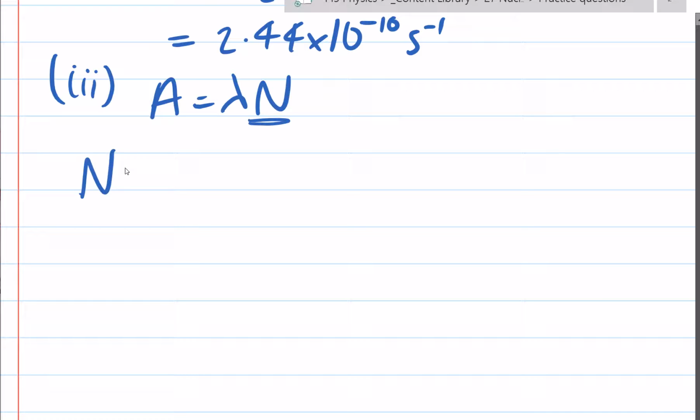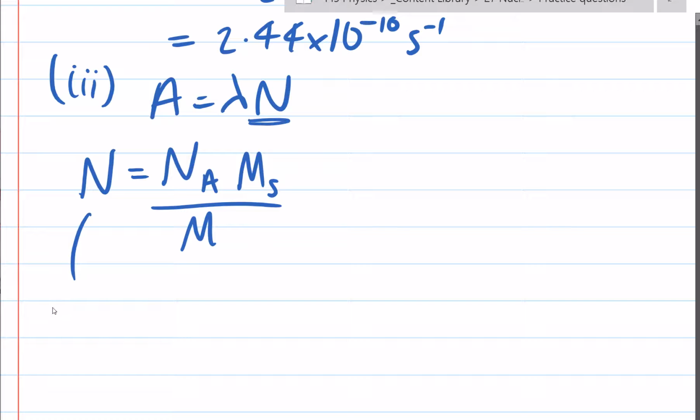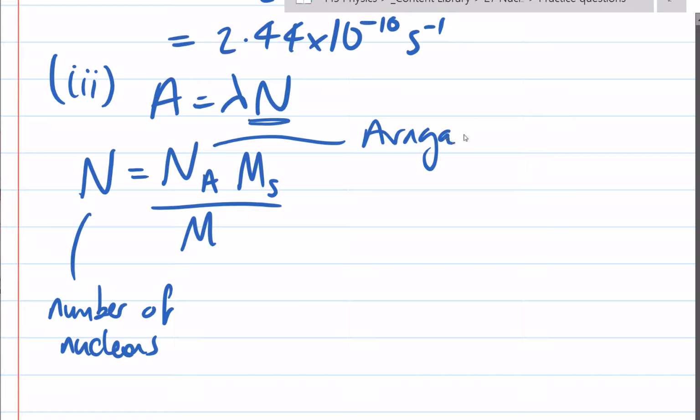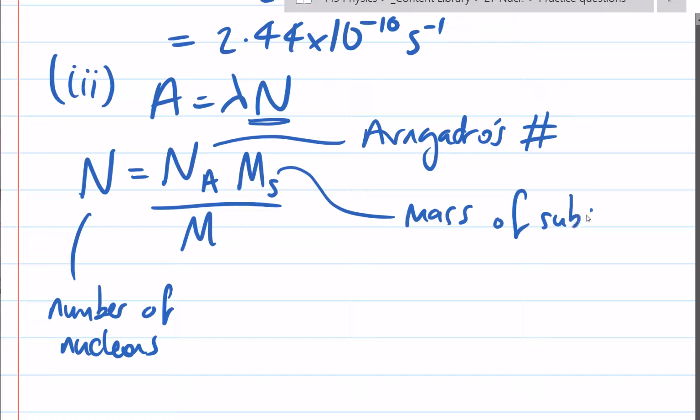So we end up with n is Na times ms over m, where n is the number of nucleons, Na is Avogadro's number, which is in the formula book, ms is the mass of the substance, and m is what's called the molar mass.